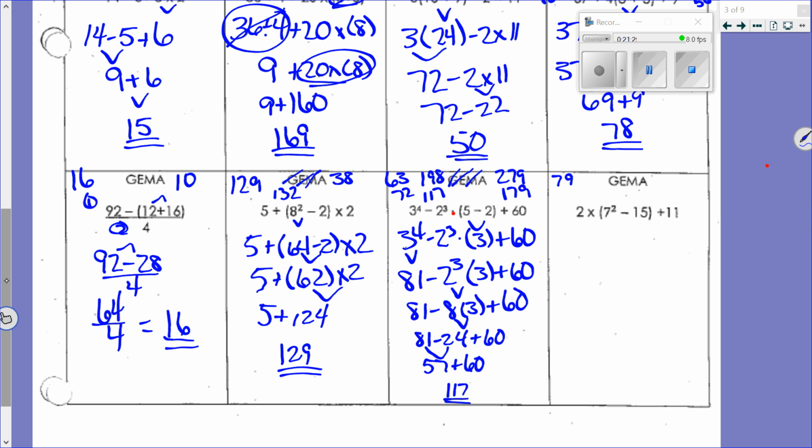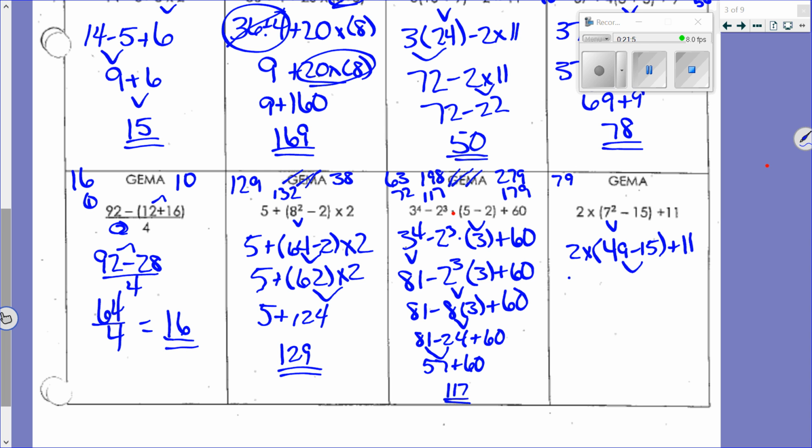Do I have a grouping symbol? Yes. So within that grouping symbol, I still follow GEMMA, meaning I'm going to do the exponent first. So I'll rewrite this as 2 times 7 squared, which is 49. If you wrote 14, what are you supposed to do? Good. I'm glad you're learning. Okay, we still have our grouping symbol.